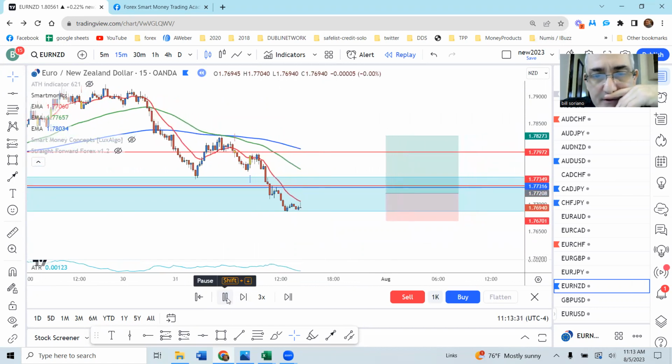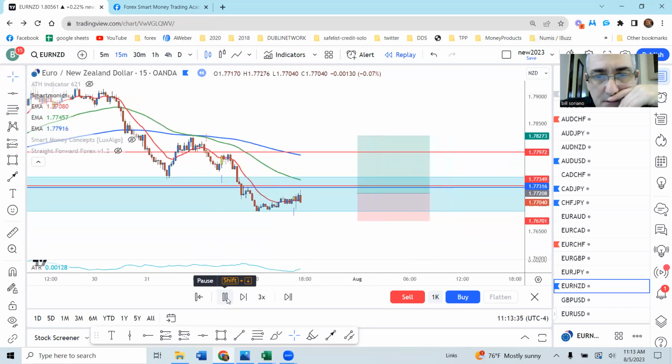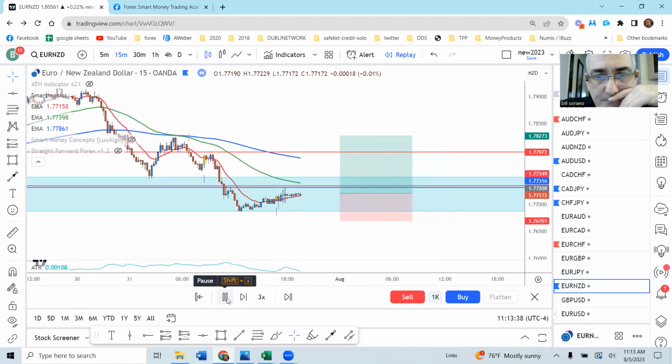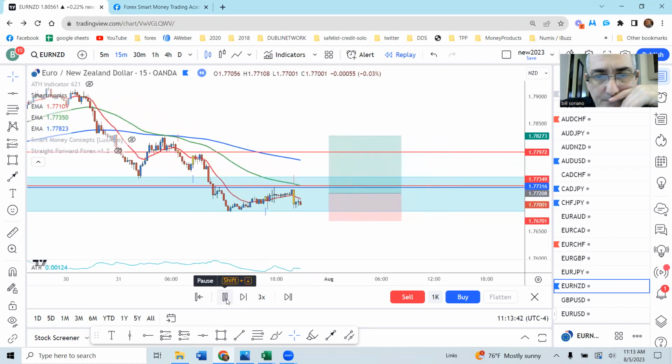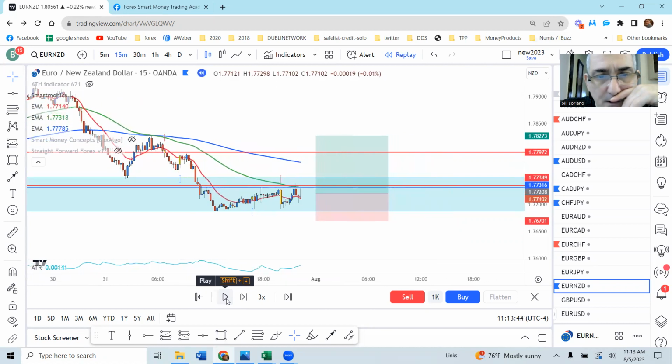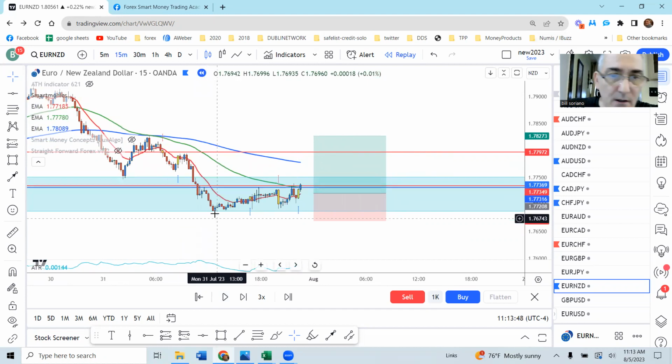So what happens there, now price comes around here. And then what happens is, now you see here how price moves lower.